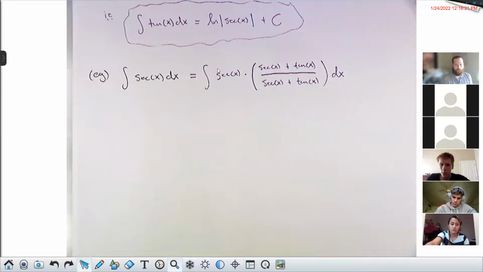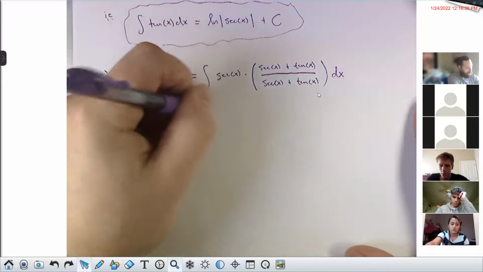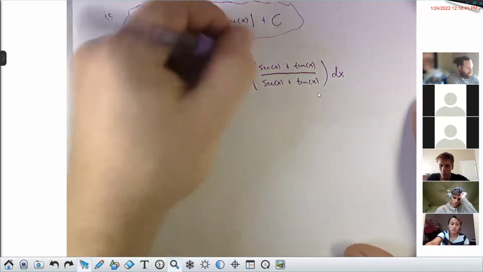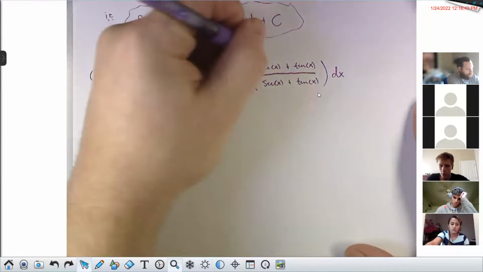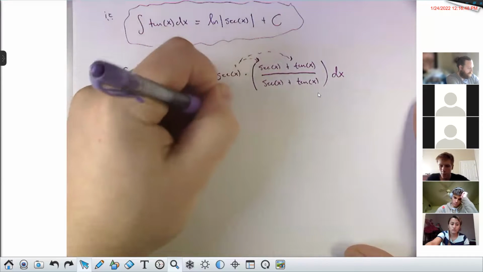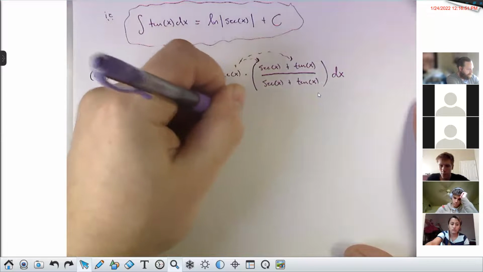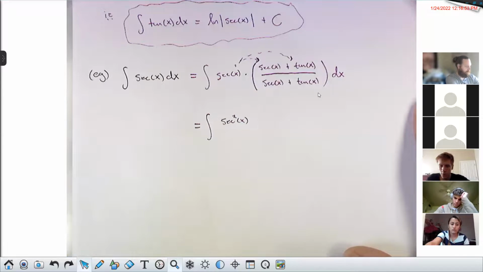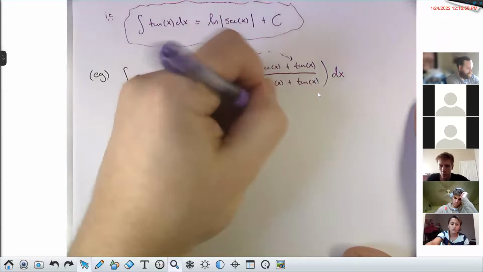But then we distribute. Remember, this is secant x over 1, right? Secant x as a fraction is secant x over 1. So I multiply the tops with the tops and the bottoms with the bottoms. Downstairs, 1 times secant plus tangent is just secant plus tangent. Upstairs, I have to distribute: secant times secant gives secant squared x, plus secant times tangent gives secant x tangent x.